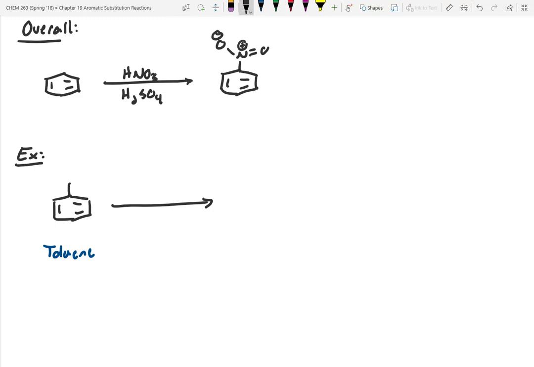You can add in nitric acid in excess, along with sulfuric acid. And you can actually add in multiple nitro groups. So you can add in a nitro group right there. What position is that? It's ortho. You also get one para. And then you also get another one ortho.